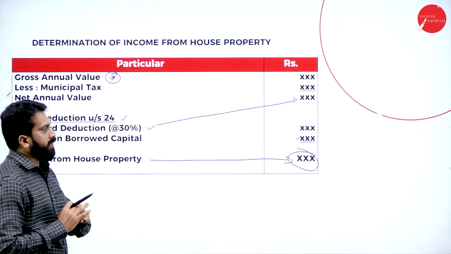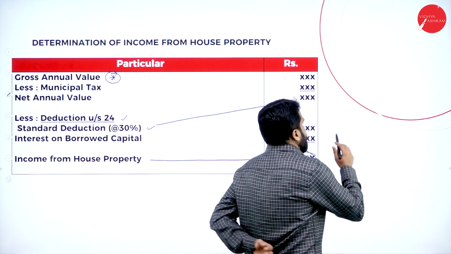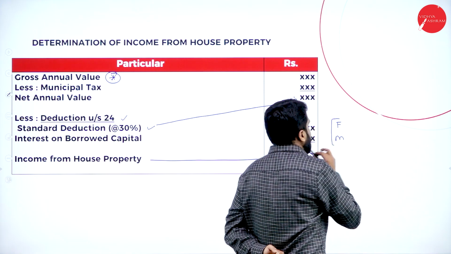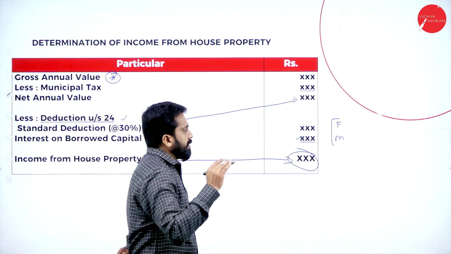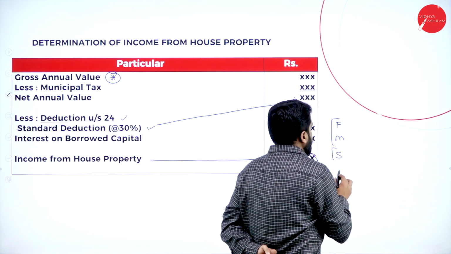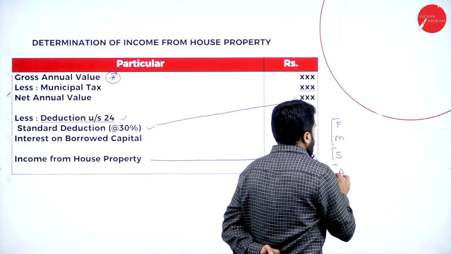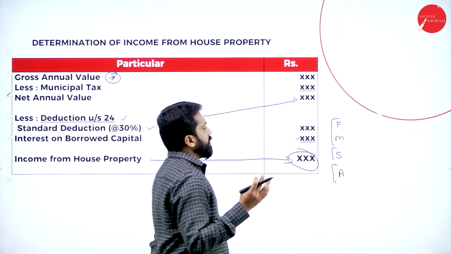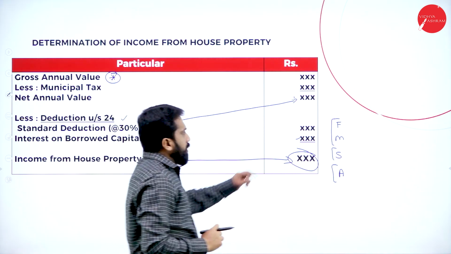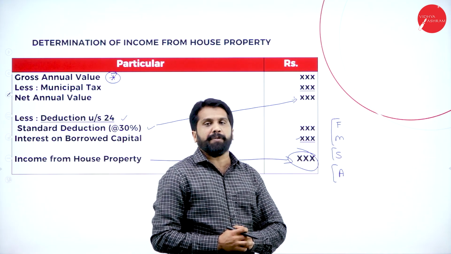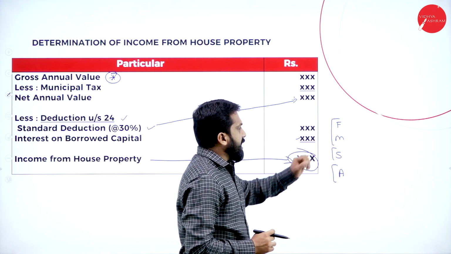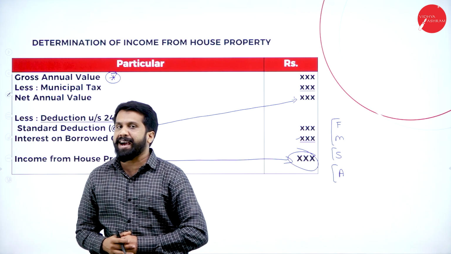Now, remember this logic: F, M, S, A. You have to remember this. F stands for fair market value. M stands for municipal value.